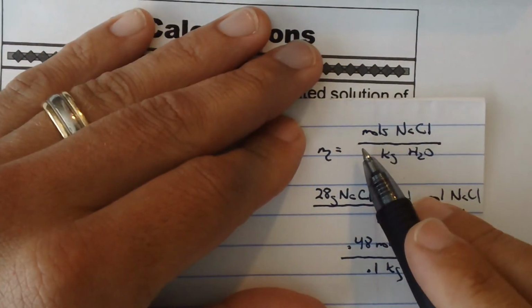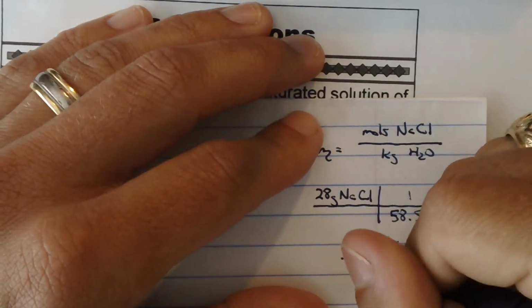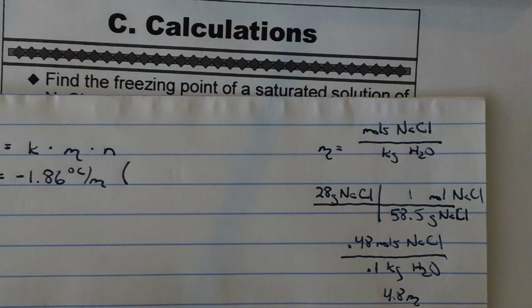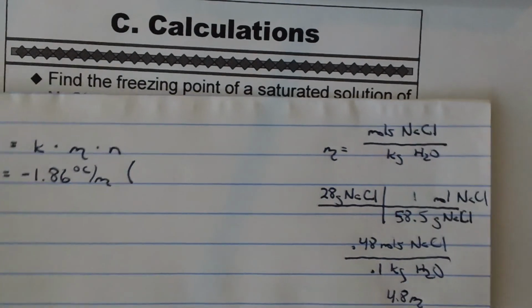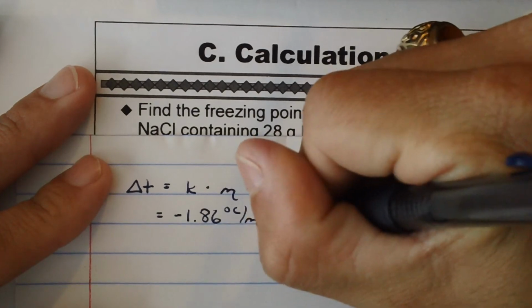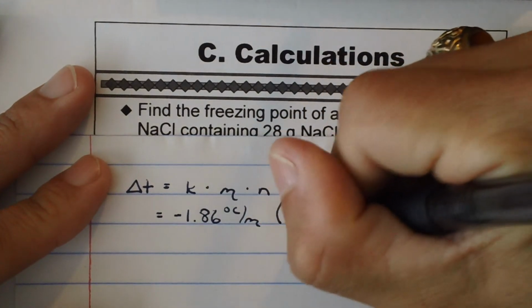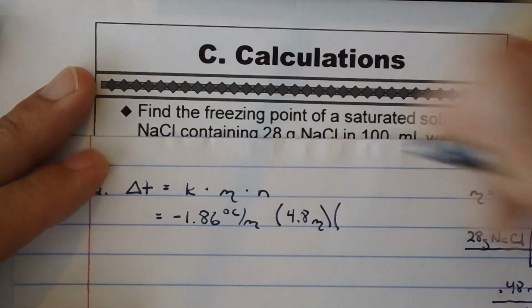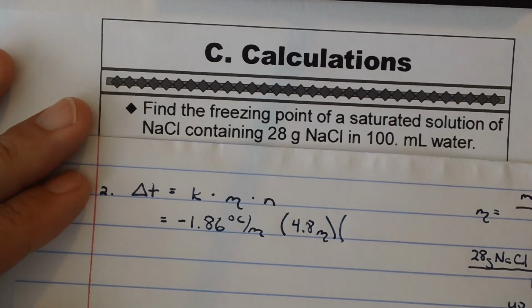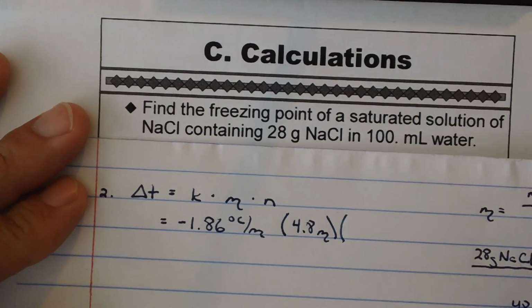And so that's going to give us our molality. It should be 4.8 molal for that salt solution in the water. And so that's our second value here, 4.8. And now we're looking for our N value. The N value is the number of particles that the solute dissociates into.